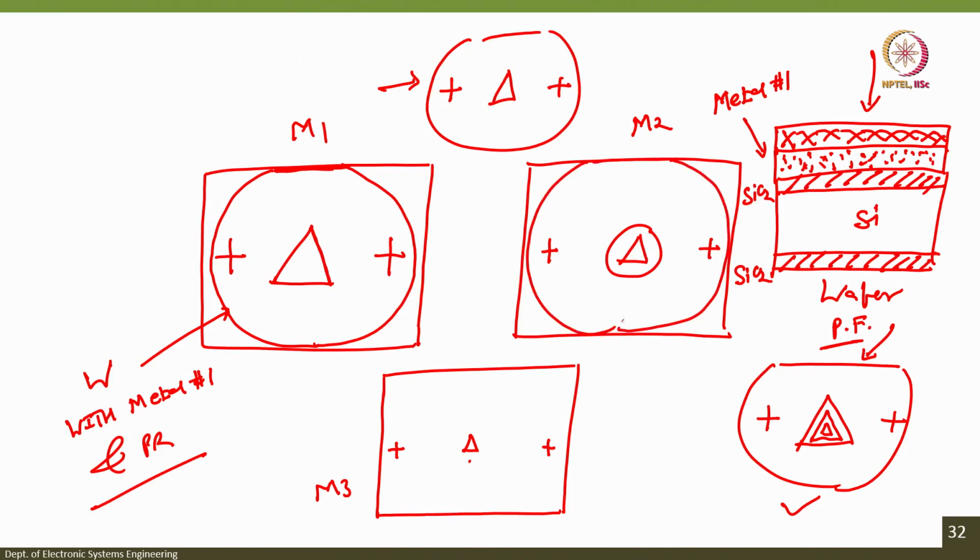Now, you do understand that I had a wafer with this alignment mark patterned on it, as you can see here, correct. The alignment mark is already there on the wafer.